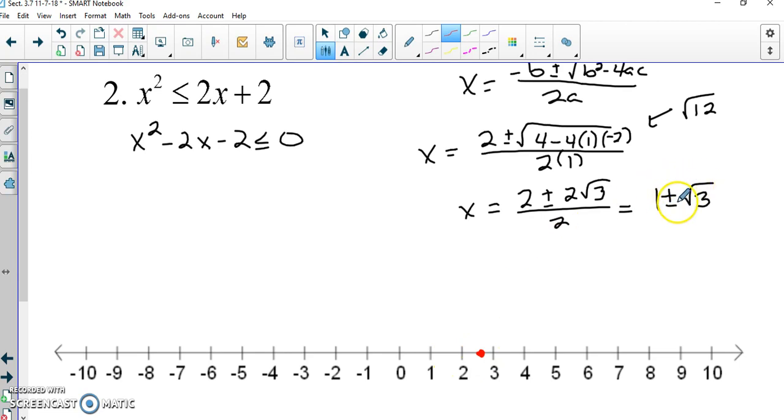And then 1 minus square root of 3, which is about 1 minus 1.7, is going to be like negative 0.7, so right around there. And it's going to be a solid dot there because it is less than or equal to. All right, now pick your test points. So my test points, I'm going to pick negative 3. I'm going to pick 0. And I'm going to pick 5. So those are all my test points.